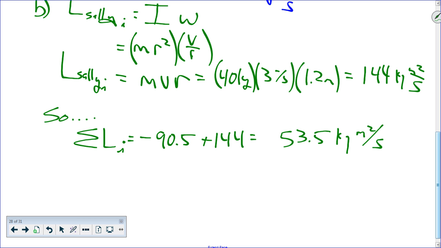This one's the merry-go-round, this one's Sally. So Sally succeeds in pushing it back the way she was running. Question C says find Sally's speed after she has jumped onto the merry-go-round.